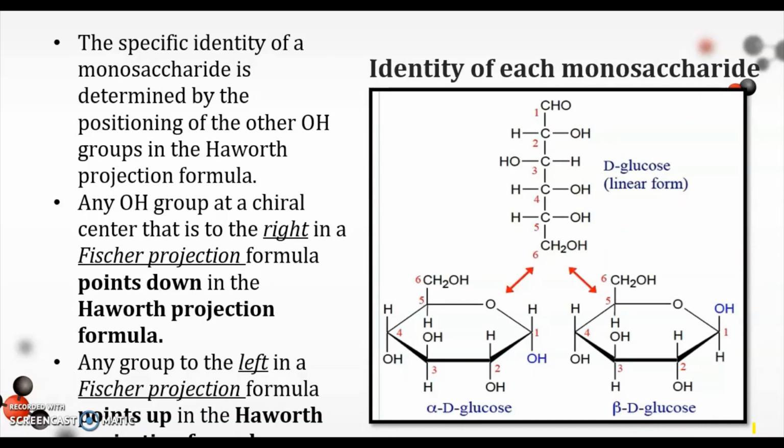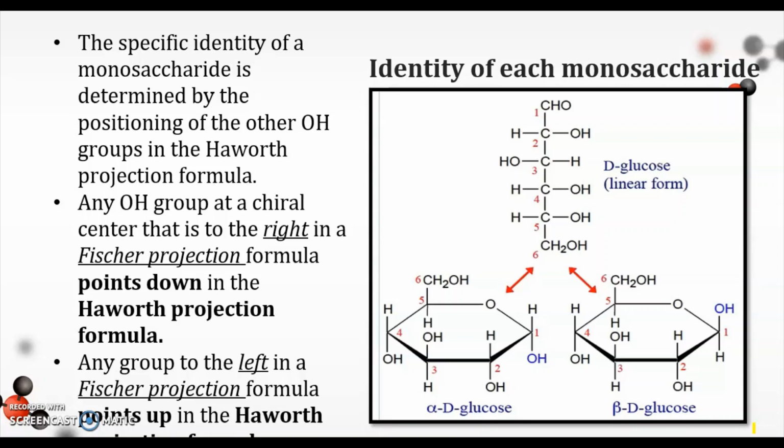Identity of each monosaccharide. The specific identity of a monosaccharide is determined by the positioning of the other hydroxyl groups in the Haworth projection formula.